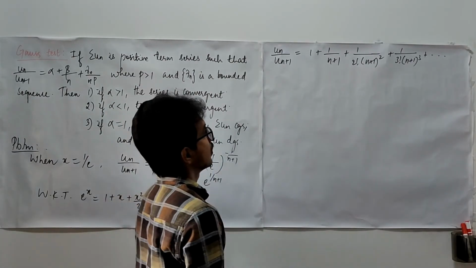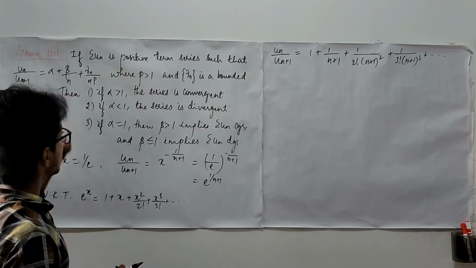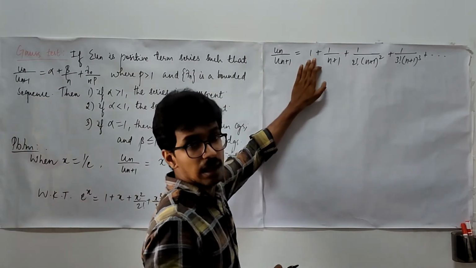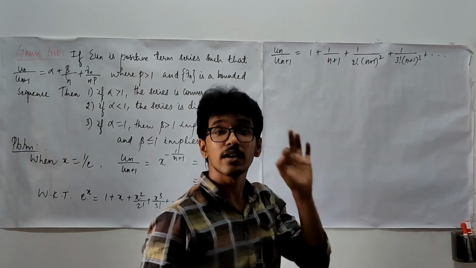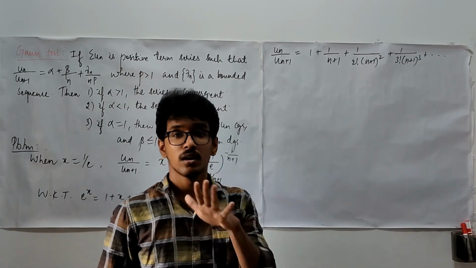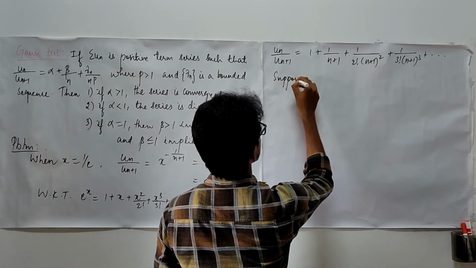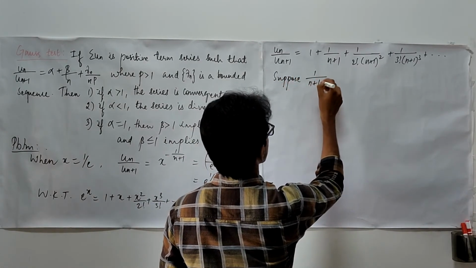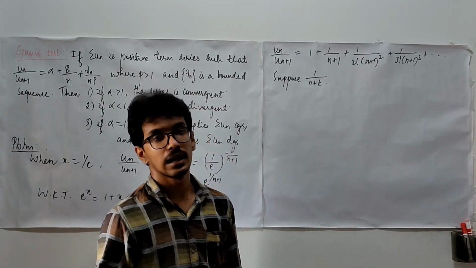And here you see we must have some alpha plus beta upon n. We have some alpha, only the constant part. In the denominator we must have only n, whereas we have n plus 1. How to do it? Suppose we have 1 upon n plus k, but in the denominator we must try to bring out only n.